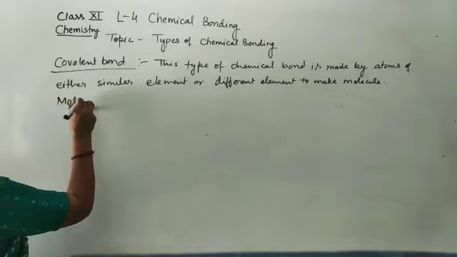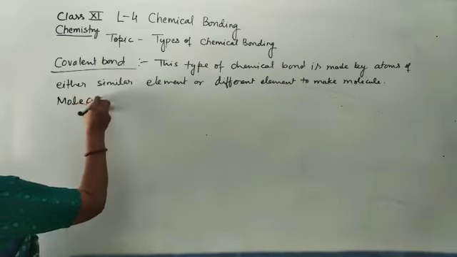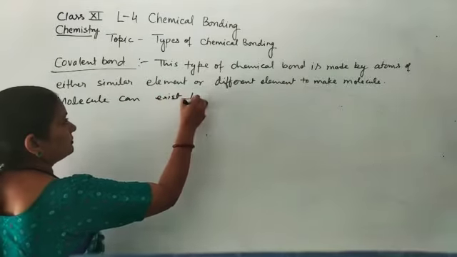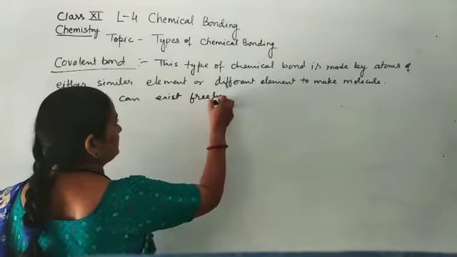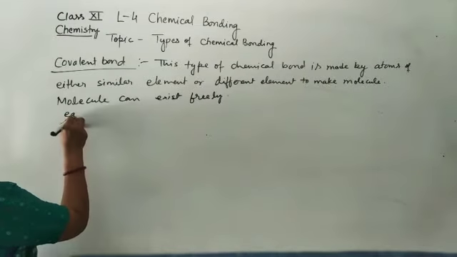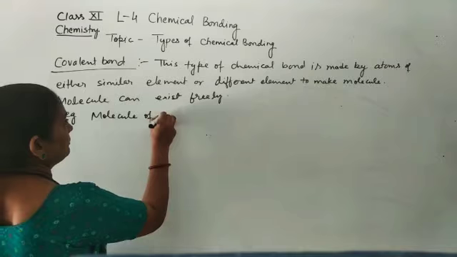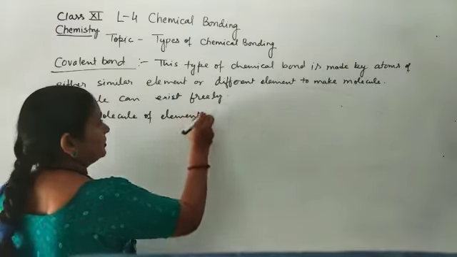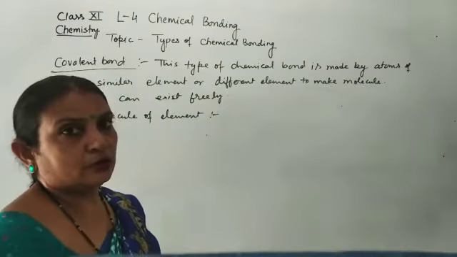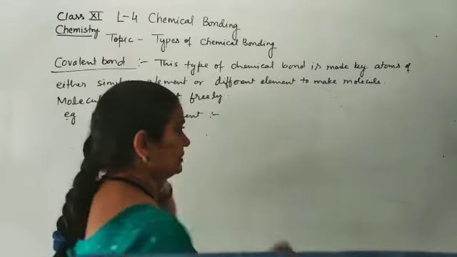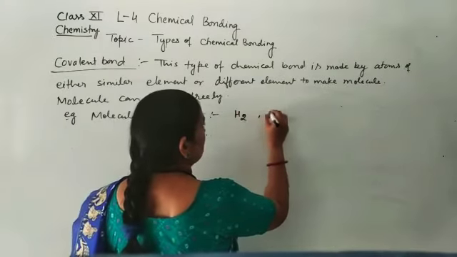A molecule can exist freely. For example, molecule of an element. When a covalent bond is made by the same type of atom, this is called a molecule of element.